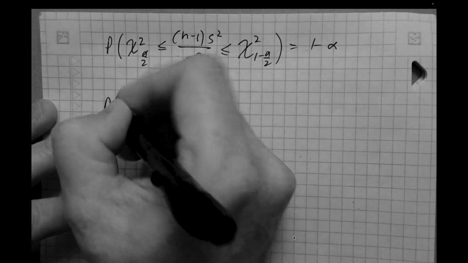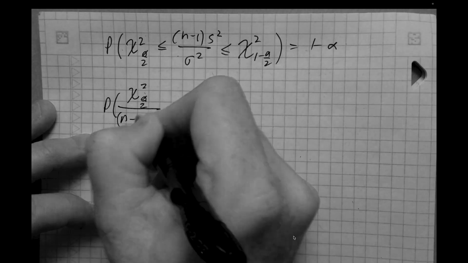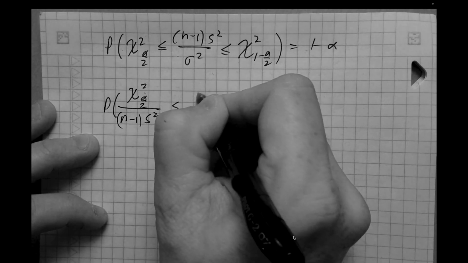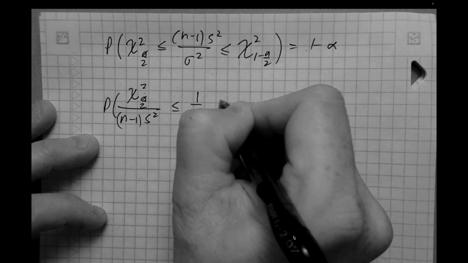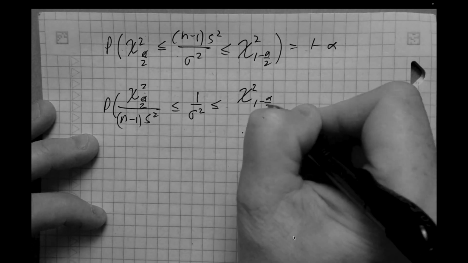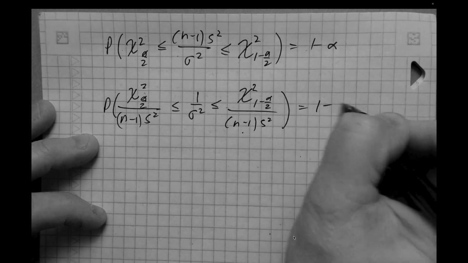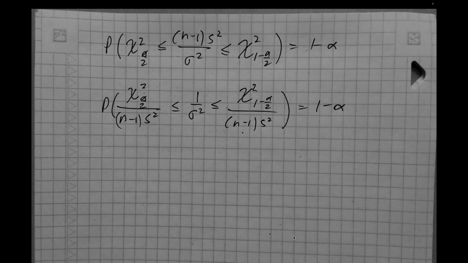And so I get the probability that chi squared alpha over 2 over n minus 1 s squared is less than or equal to 1 over sigma squared, which is less than or equal to chi squared 1 minus alpha over 2 over n minus 1 s squared, which is 1 minus alpha. Almost there.